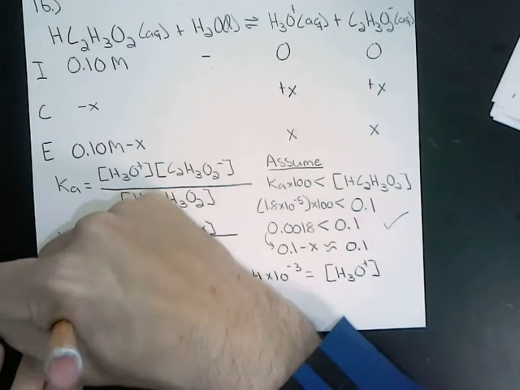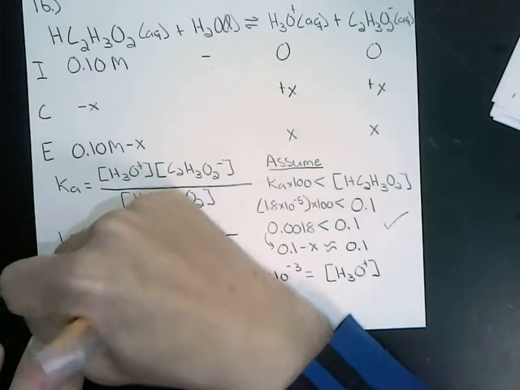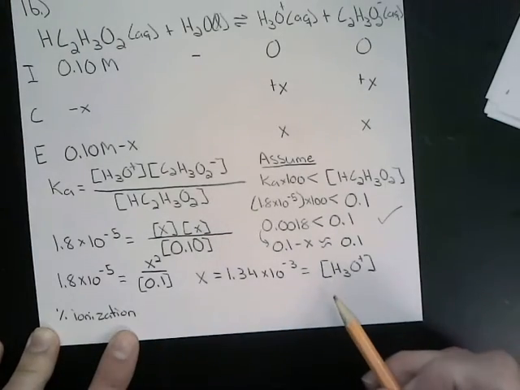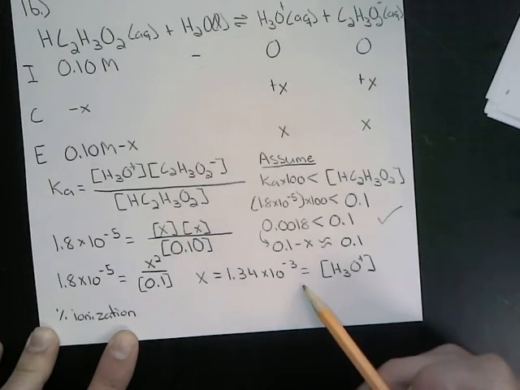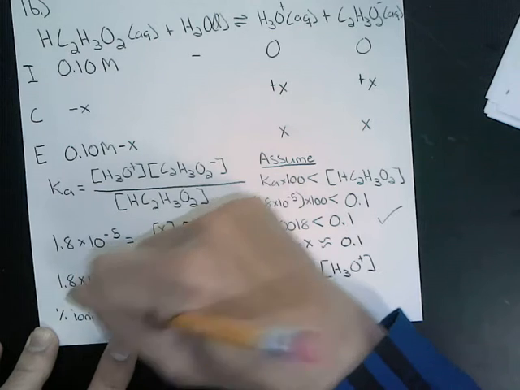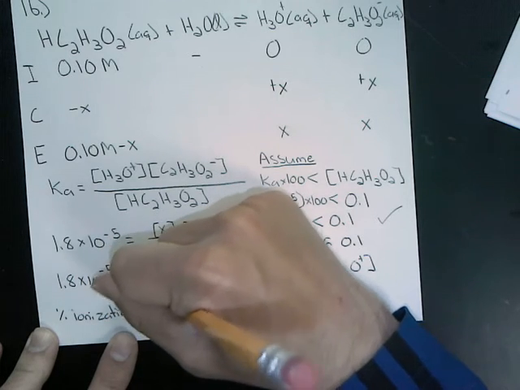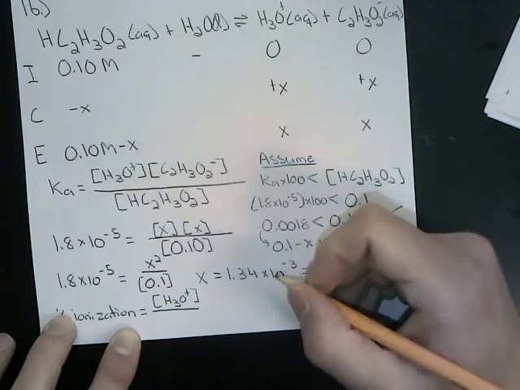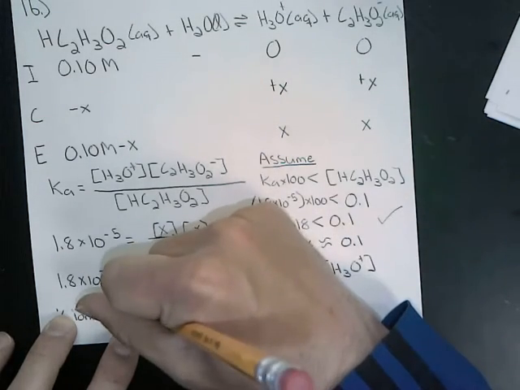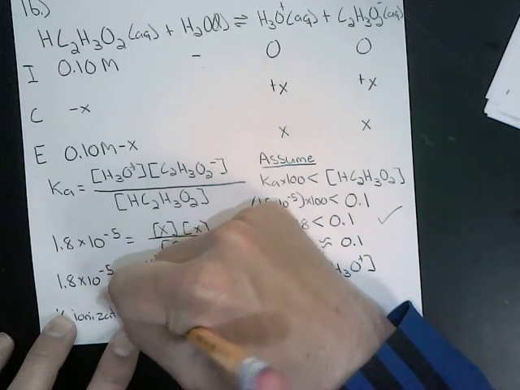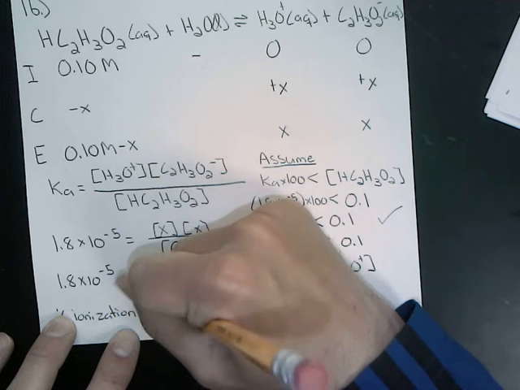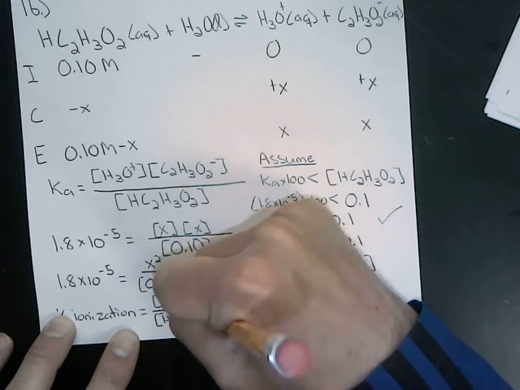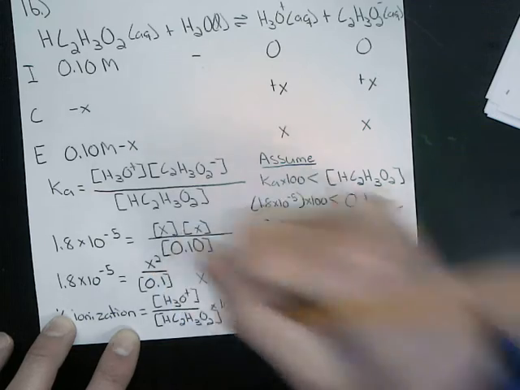For our percent ionization, we can take our amount of H3O plus, so I'm going to say the concentration of H3O plus, all divided by our original amount of acetic acid, times 100, because we're expressing it as a percent. So this would be multiplied by 100.